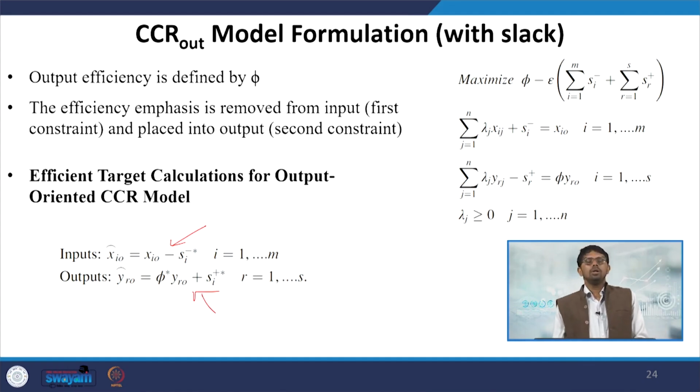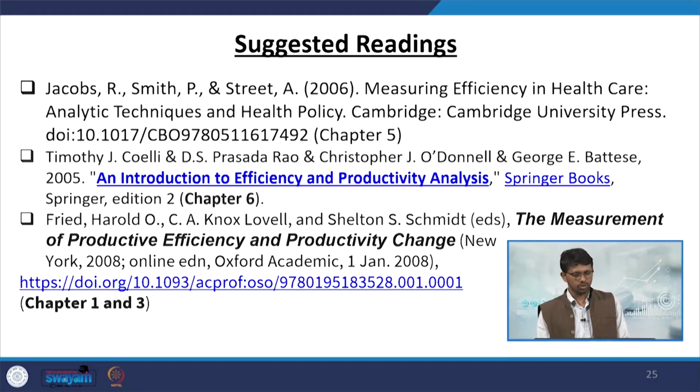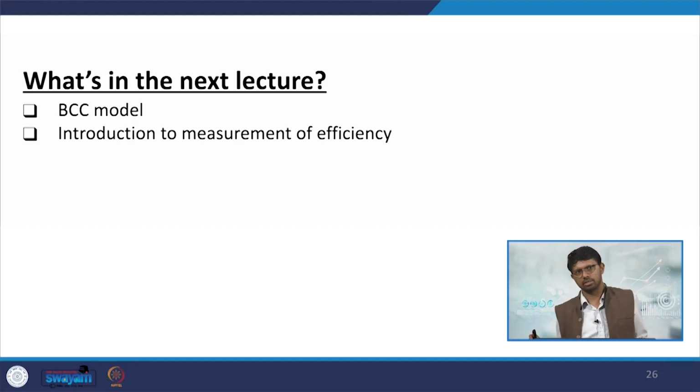So, these are all so far as DEA and its extensions are concerned. We will also be giving you further directions related to its applications in our next lectures. Okay. So, these are the important readings for your preparation, and I think you will have a number of queries and we will be happy to address them in our query section. Before saying thank you, I should clarify what is in our next lecture.